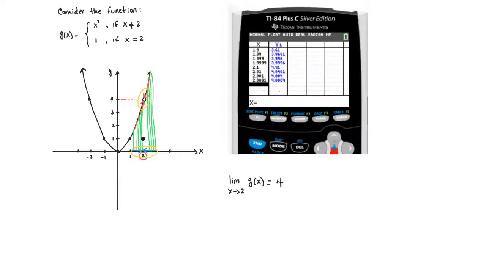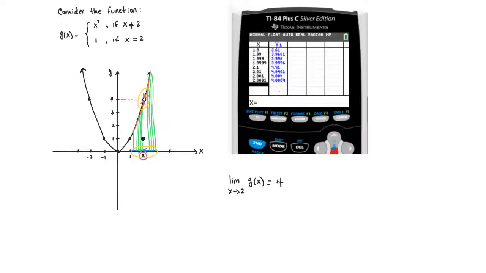A function has a limit if the y values are approaching the same number. So x is getting very close to 2. The y values are getting very close to 4. So then we say that the limit as x approaches 2 of the function g of x is equal to 4.